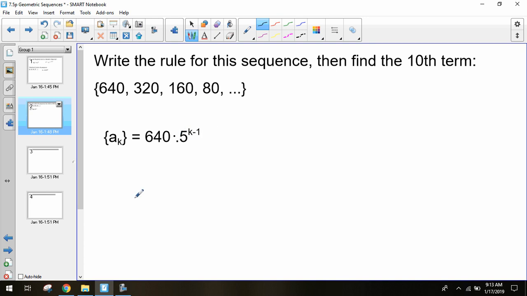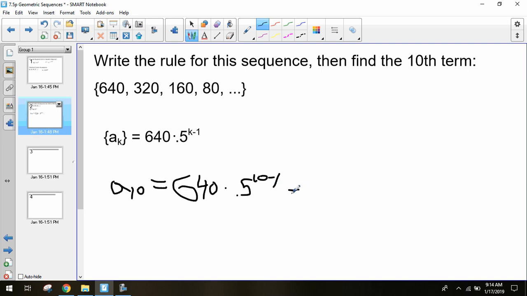Now, we had two parts to this question. The second part of this question was find the 10th term. So 10th term, all we have to do is figure out what a sub 10 equals. So we're going to use that rule, and we're just going to plug 10 into this function. 640 times 0.5. Once again, we're just plugging 10 into this sequence.